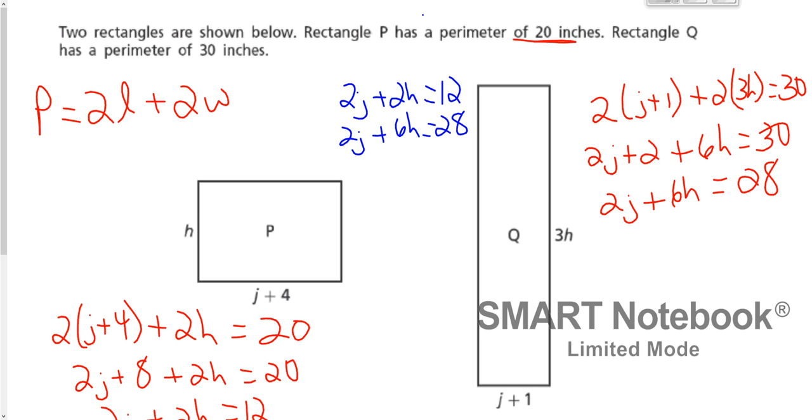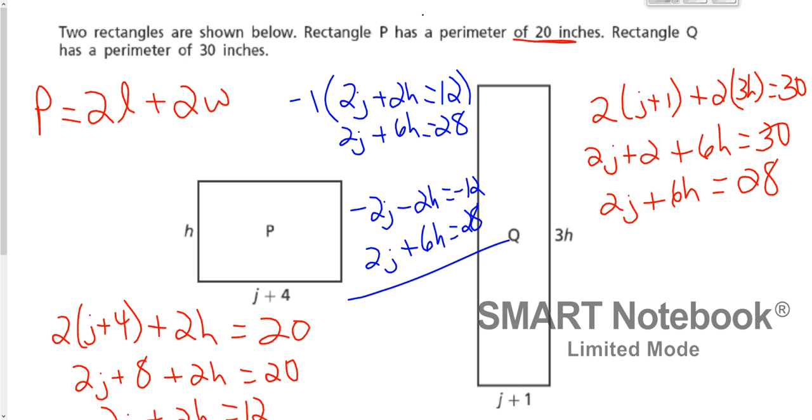What we don't have is opposites. But I do notice that there's a 2j and a 2j. So all I have to do to make them opposites is multiply one of them by -1. So now I have -2j - 2h = -12, and 2j + 6h = 28.